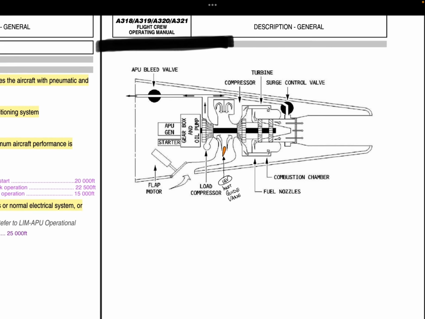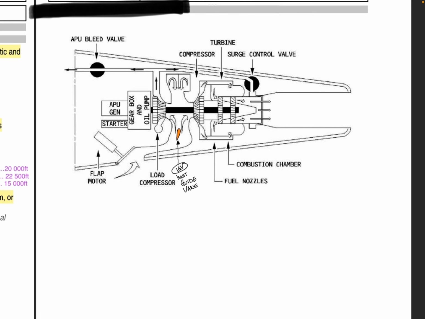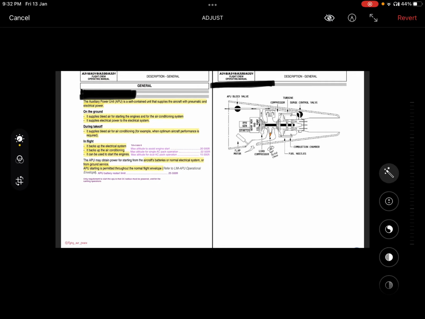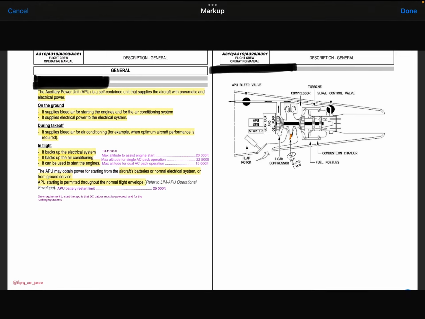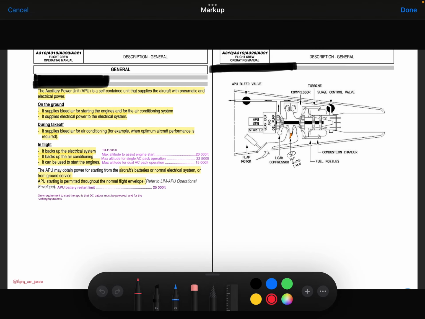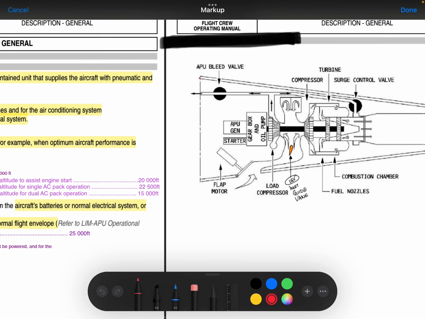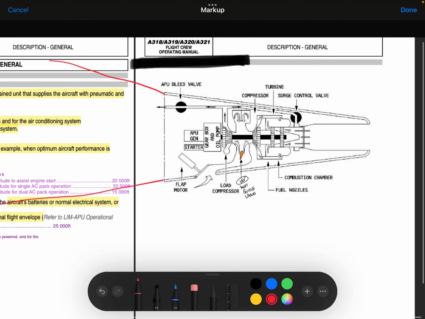Great. So this is the APU's diagram. Here is the aircraft and this is the APU. This is your air intake.